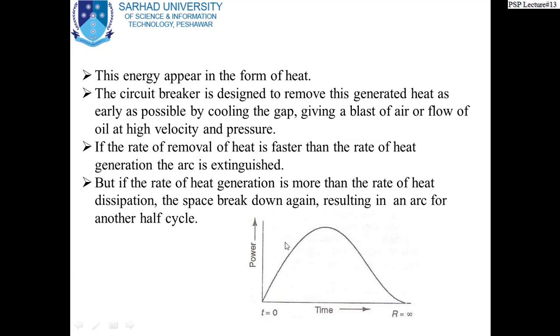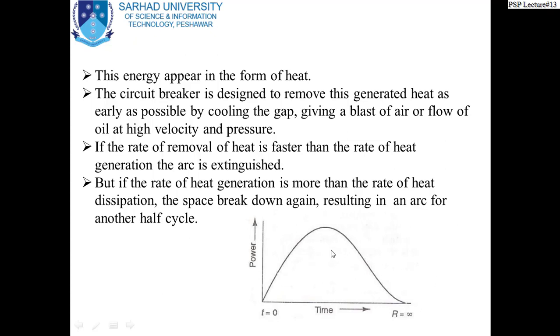So at the end of this half cycle, if the rate of heat generation is more than the heat dissipation, meaning the cooling process, then the space breaks down again, resulting in an arc for another half cycle.